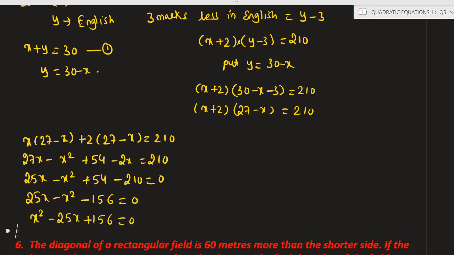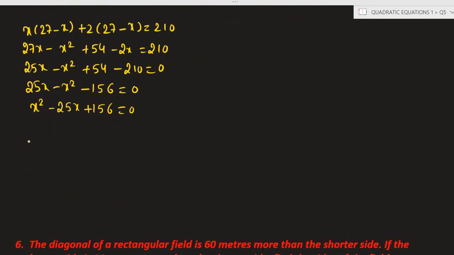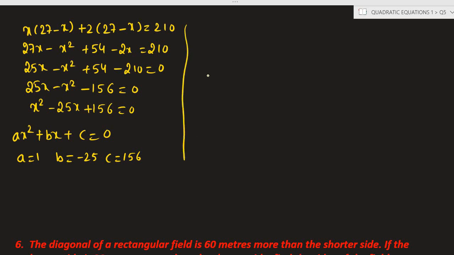I'm comparing this equation with the quadratic equation ax square plus bx plus c is equal to 0. What is a here? A is equal to 1. What is b here? B is equal to minus 25. What is c here? C is equal to 156. And you solve this equation by using the quadratic formula: X is equal to minus b plus or minus root b square minus 4ac, divided by 2a.